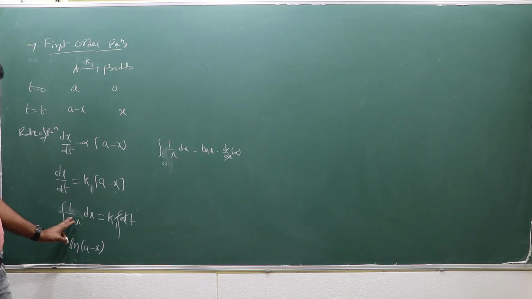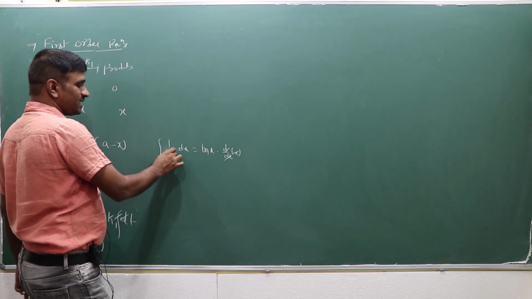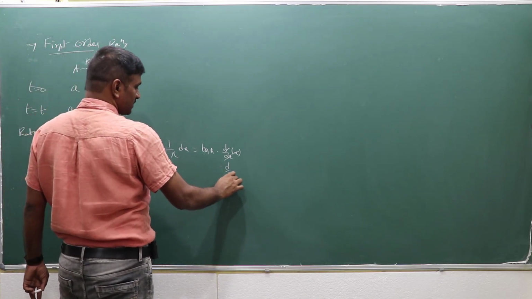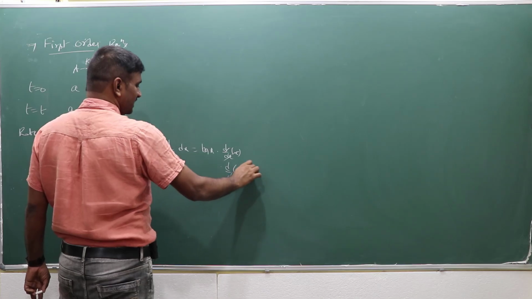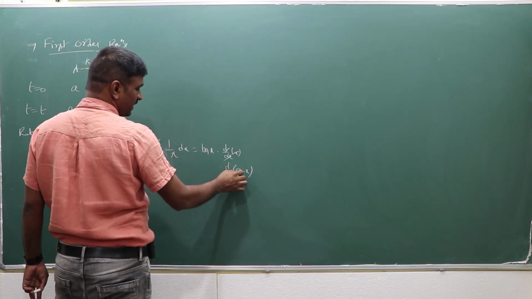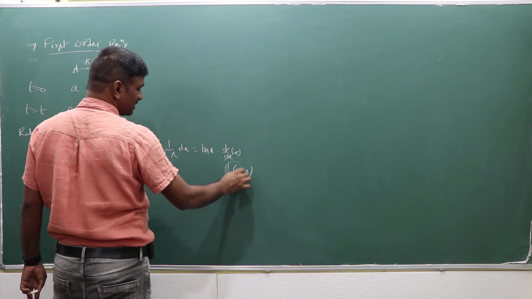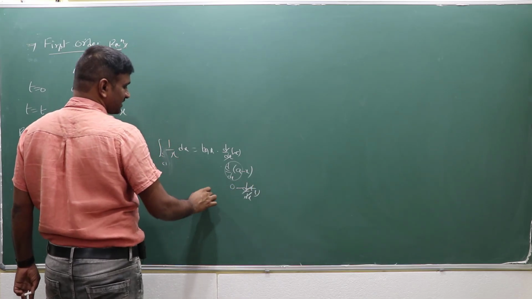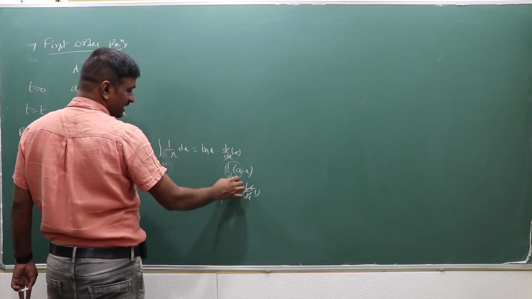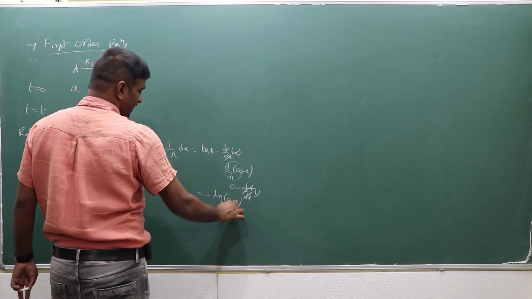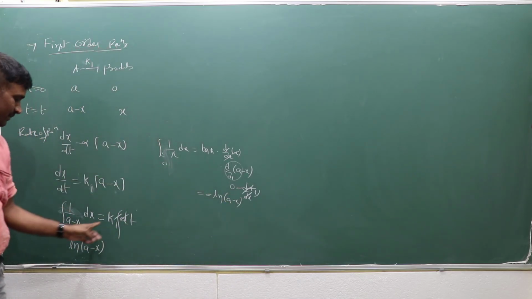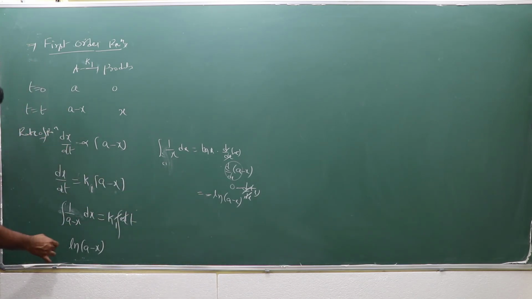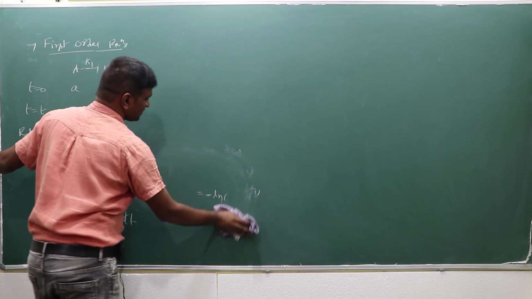Now here 1 by a minus x is there, so in the place of x, a minus x is used. Since a is the initial concentration, d by dx of a is 0, and minus d by dx of x, with dx by dx cancelling, what will happen? Minus ln of a minus x. The integration of 1 by a minus x into dx is minus ln a minus x, right? That is the mathematics.